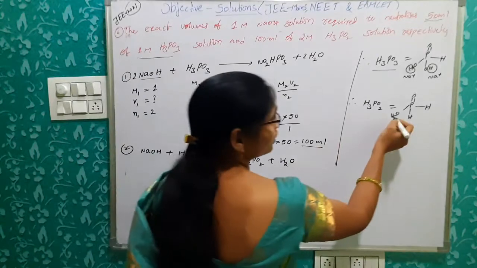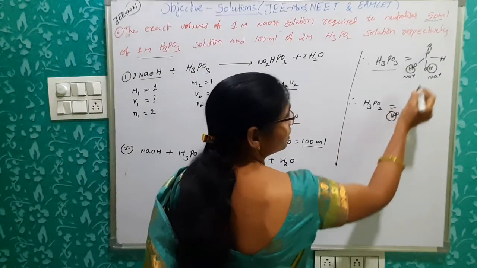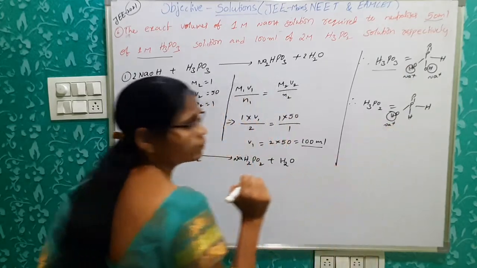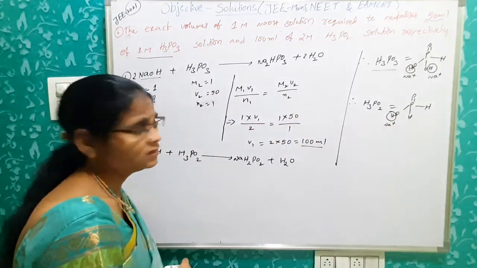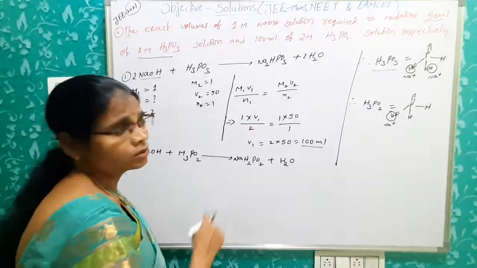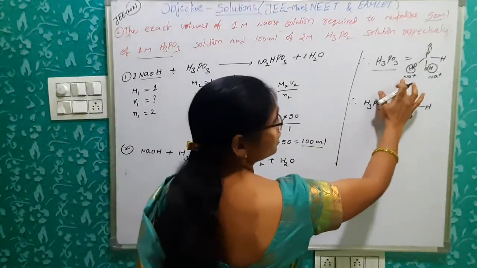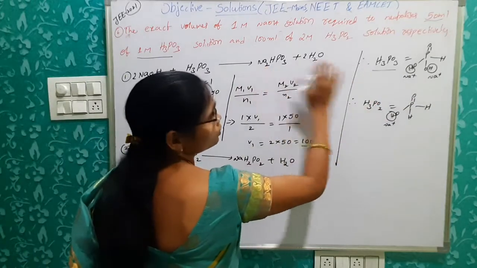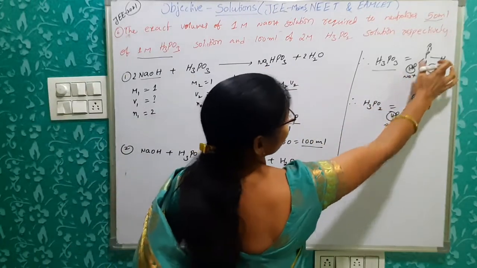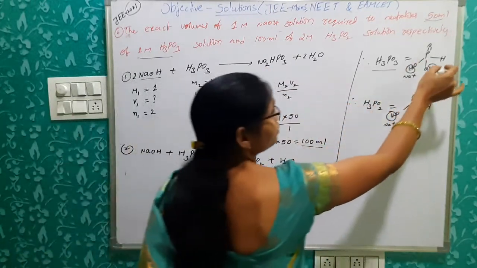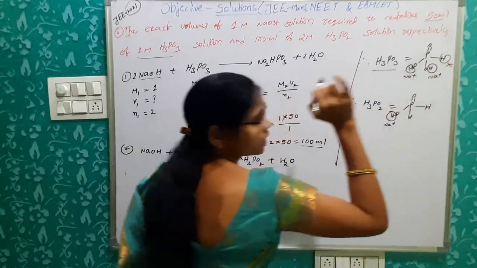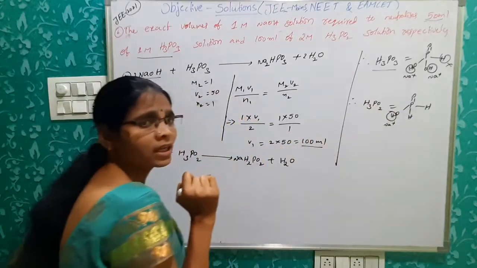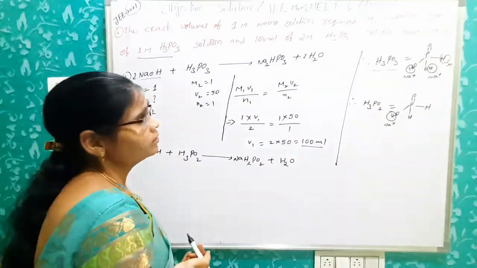Okay, but here only one hydrogen is connected to that oxygen, so that's why only this one hydrogen can be replaceable by metal ions like sodium. Here metal is given as sodium, so sodium ions. So only here 2 hydrogens are replaceable, that's why Na2, here Na, H here. Okay, so this hydrogen is not replaceable with any metal ions. Only oxygen connected hydrogens can be replaceable with metal ions.